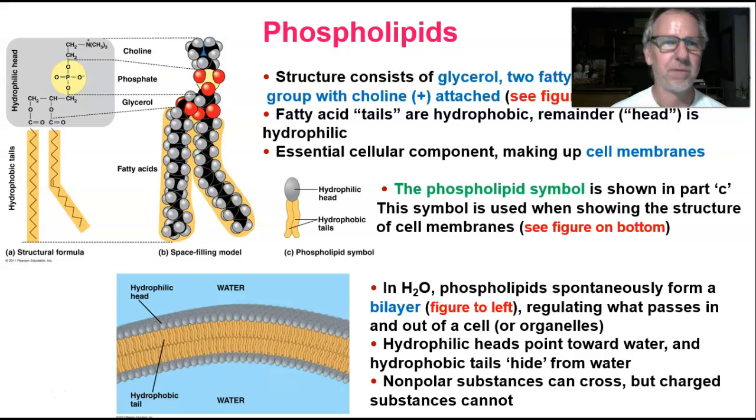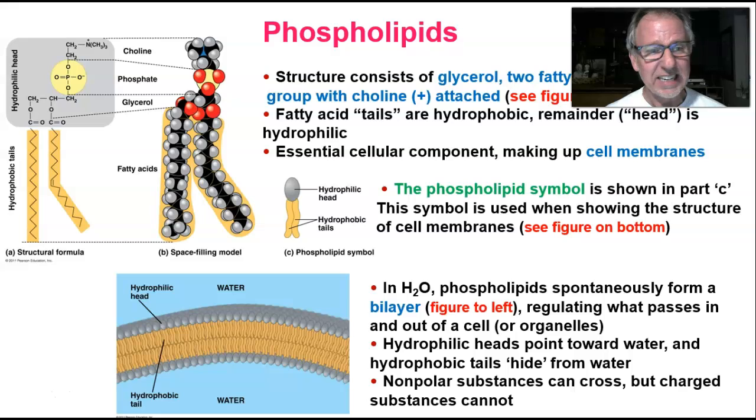Now the other part of the phospholipid is called a hydrophilic head, and it's made of the glycerol with the phosphate and the nitrogen group. And that whole part of the phospholipid is charged, has an electrical charge, like that phosphate group is negative and the nitrogen group is positive. So because it's charged, it's attracted to water, and that's what makes it hydrophilic.